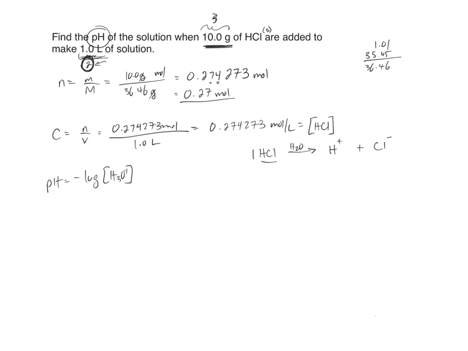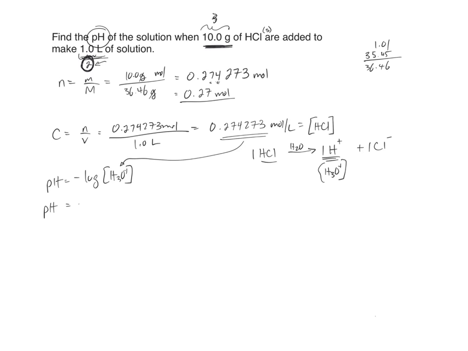But since these are 1 to 1, and this is where I'm getting my hydronium, right? We said that hydrogen ion and hydronium ion, we sort of call them the same. They're not exactly the same, but for our calculations we can call them the same. But it's 1 to 1, so therefore the concentration of the hydrochloric acid is what I'm going to put in there.